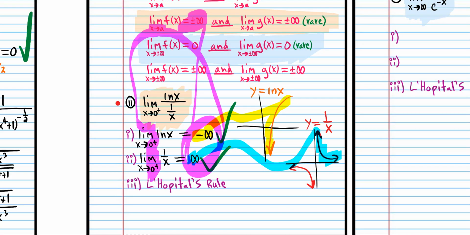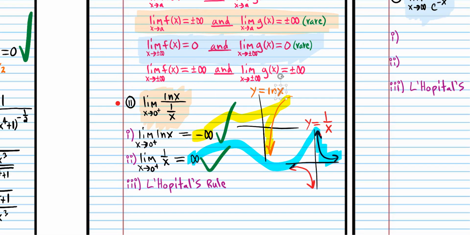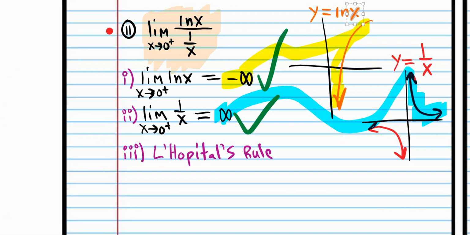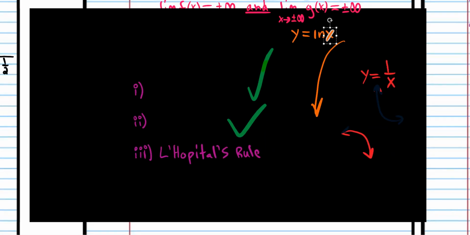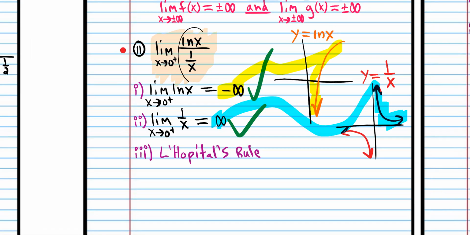So that's that rare situation. And, you know, one of the reasons that this is a rare situation is because this is a complex fraction. If you simplify it, you get one of those indeterminate forms that I was telling you about.